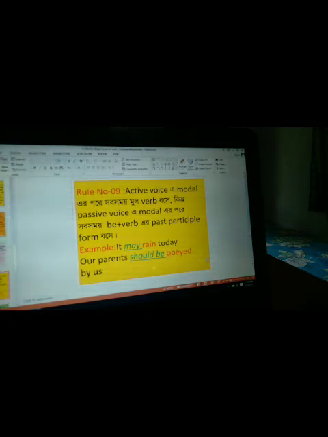But if the sentence is in passive voice, we will have to use an extra be and the past participle form of the verb. As an example, I can say our parents should be obeyed by us. As it's passive voice, that's why we will have to use an extra be after should and then the past participle form of the verb.